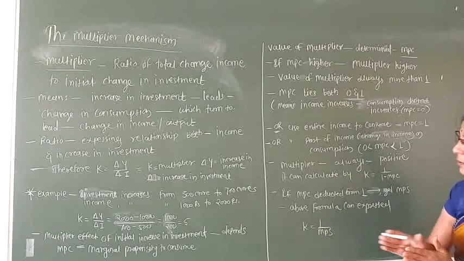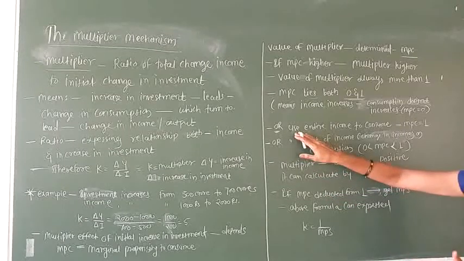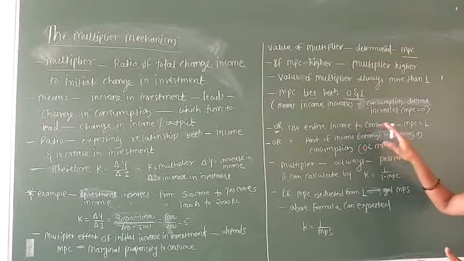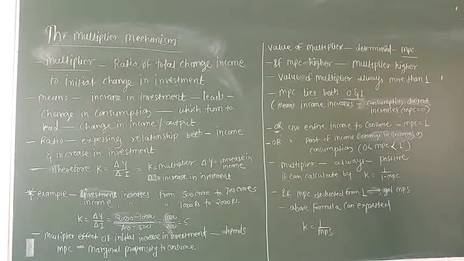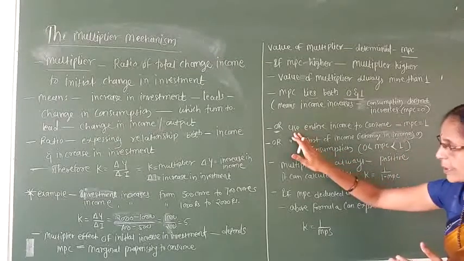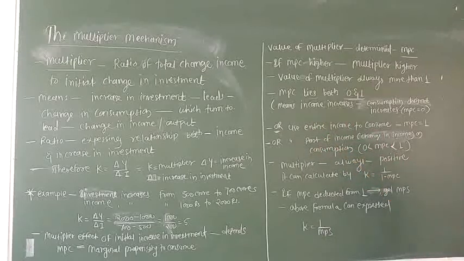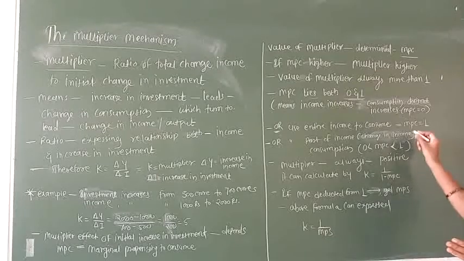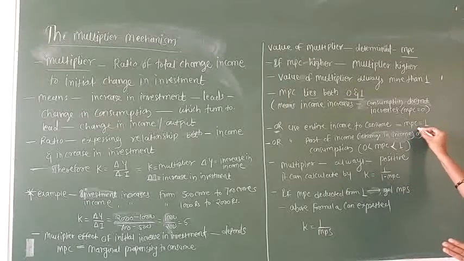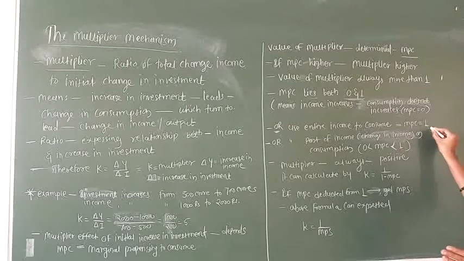Or suppose the consumer uses the entire income for the consumption of goods and services, then the marginal propensity to consume is 1.